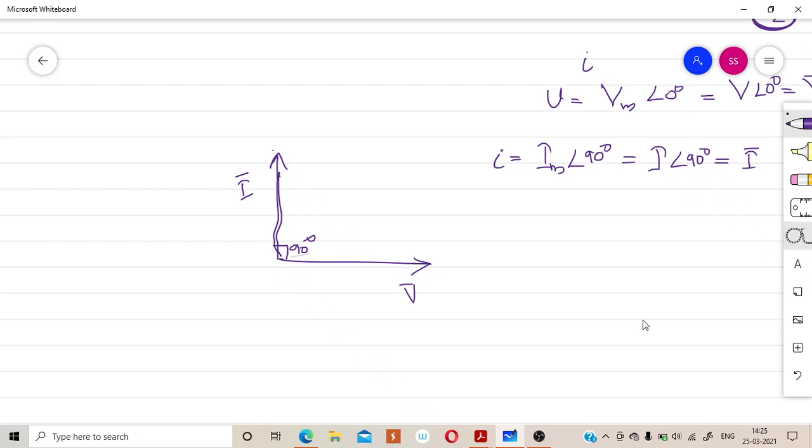So you can conclude that in a pure capacitive circuit, the current through the capacitor always leads the voltage across the capacitor, the voltage phasor.